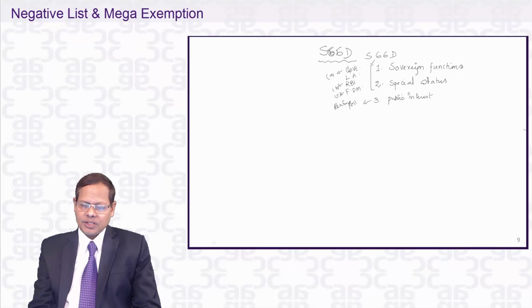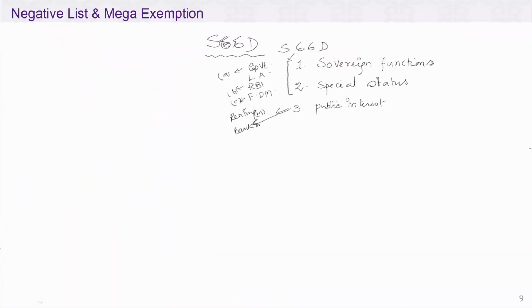So, in the name of public interest, something like renting activity or banking, financial activities. So, banking, financial activities under clause N, Nakat. Nakat means N, money transactions under clause N. This is a part of public interest transactions.